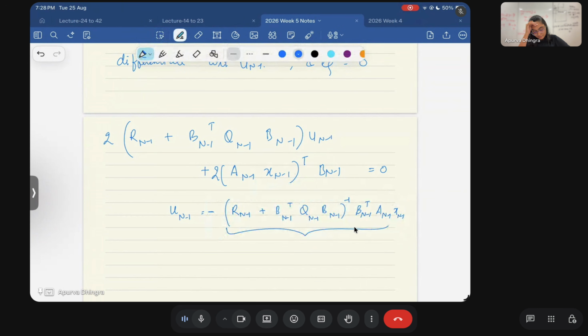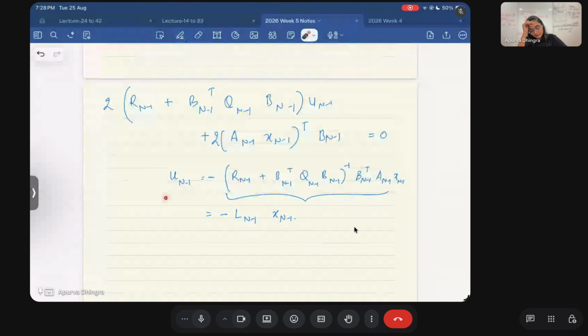Whatever this is doesn't matter. Let me just call it some l n minus 1. This is the part that matters. So what happened? My u depends on this.